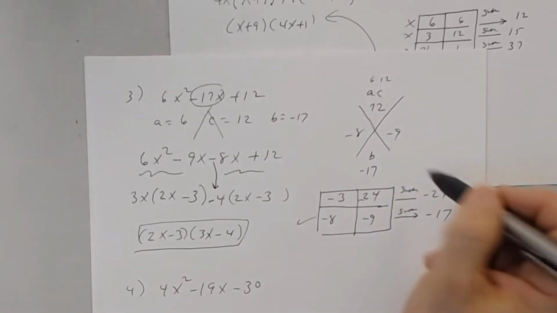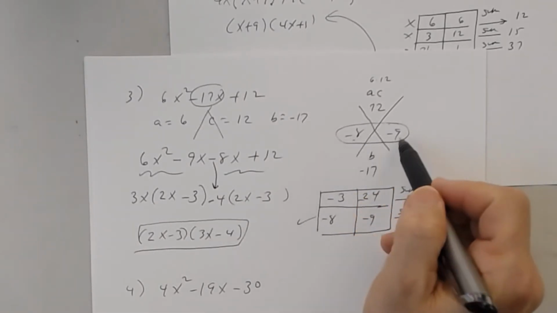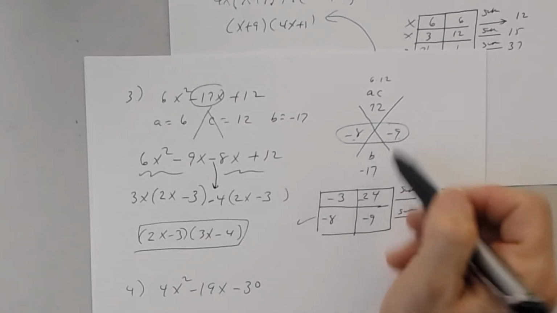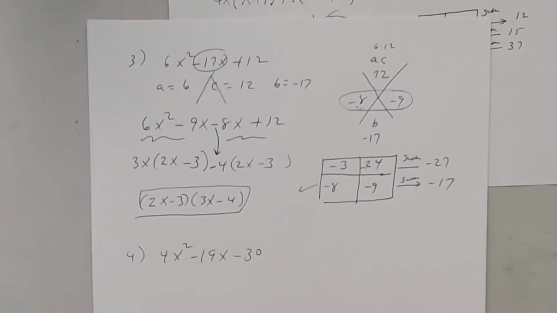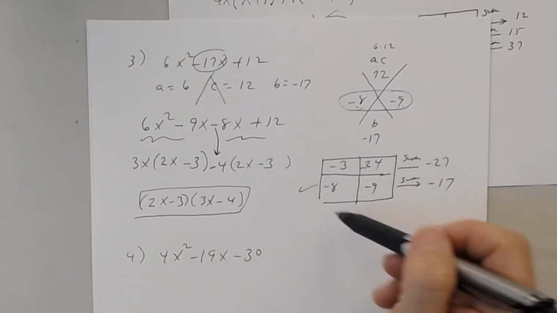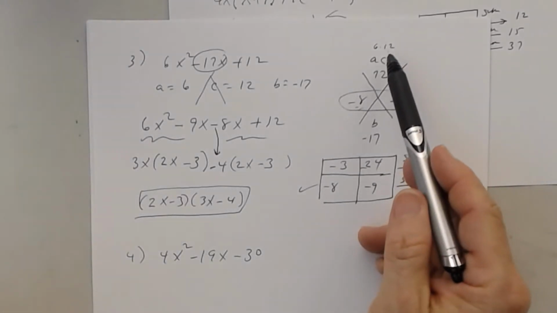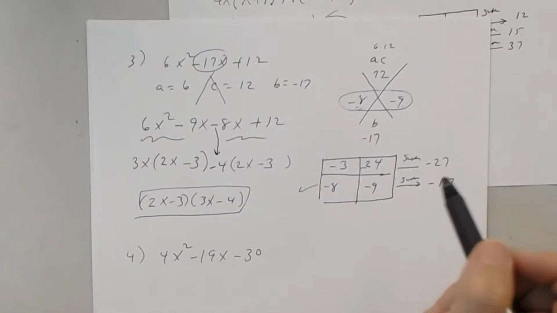You don't have to. But you would see that -8, -9 is the one that's going to work, and so that's the one you would use. But if you left it off, it's no big deal. In fact, most students prefer doing just a table. But you got to remember that AC is a positive 72, and then B is a negative 17. You got to keep that in mind.